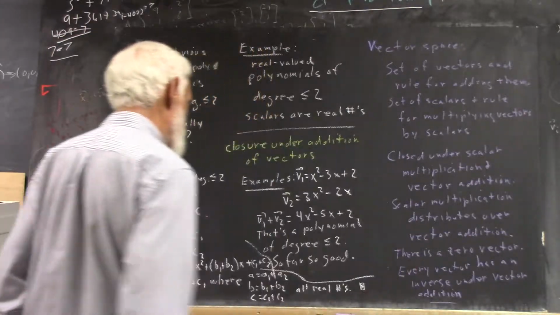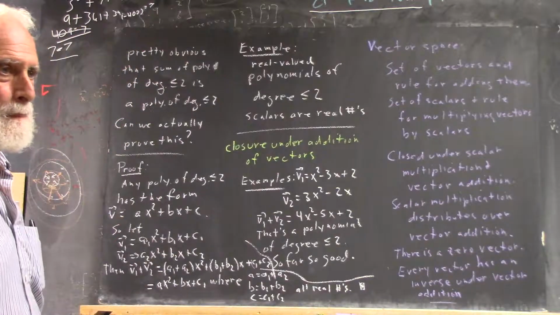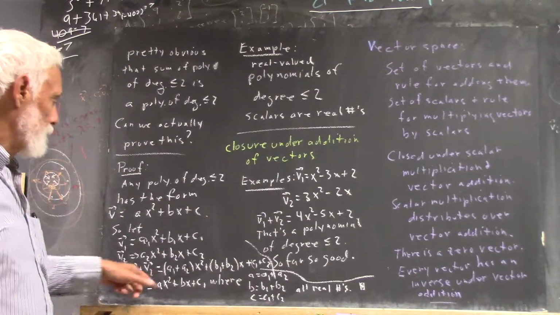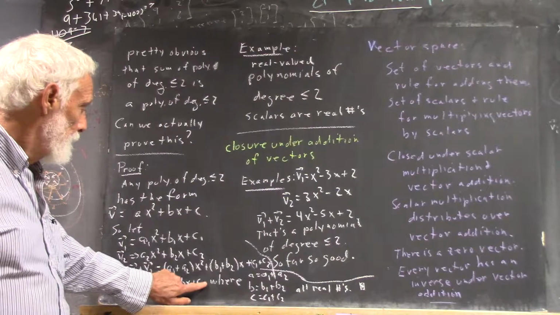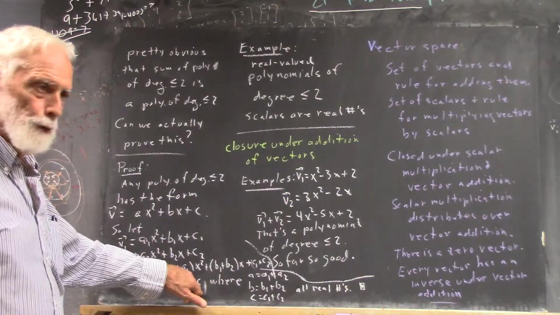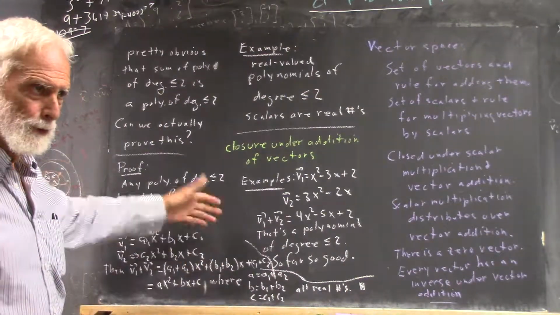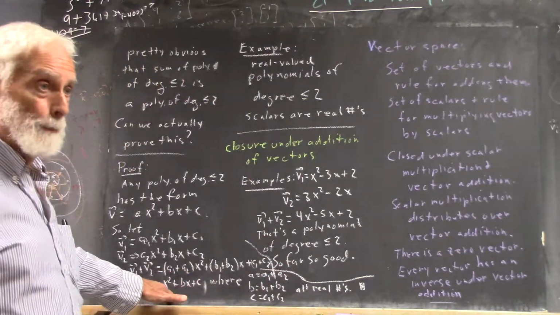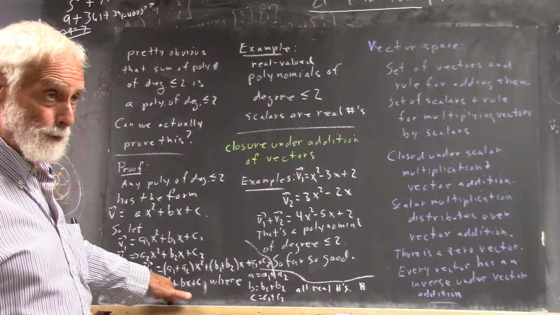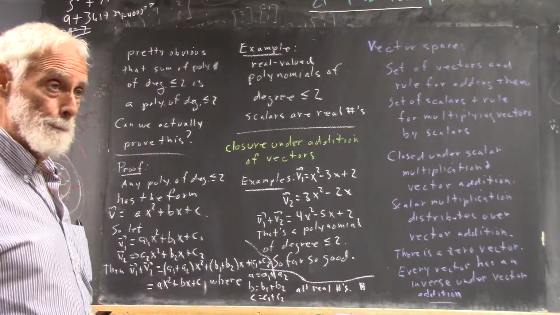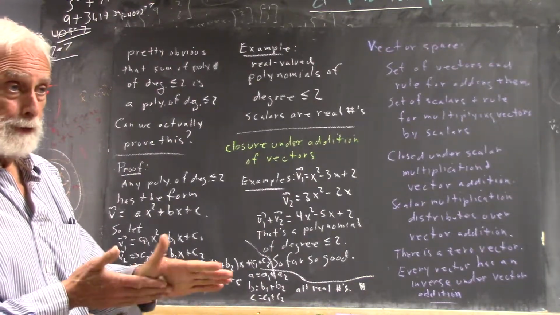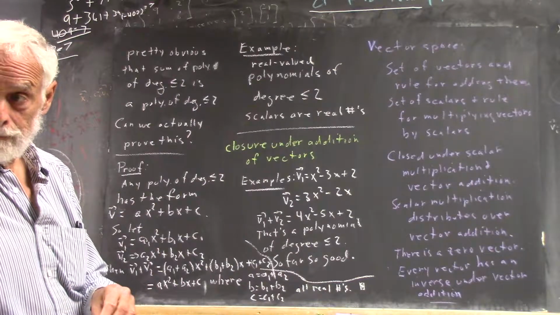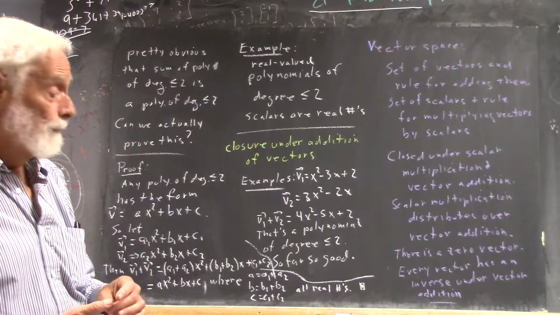All real numbers and we're done. Because since these are all real numbers, I erased that comma because it kind of looked like a subscript 1, which might be confusing. Since they're all real numbers, this is a polynomial of degree less than or equal to 2. Okay? Make sense? How we did that? Okay.